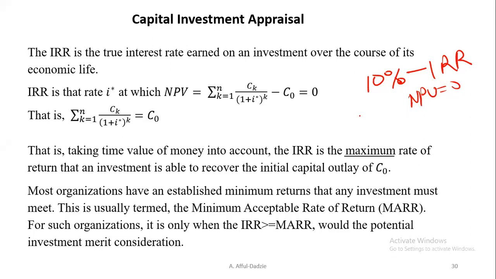Now, if the company has a MARR, which we call the minimum acceptable rate of return, of 12%, it means that in the eyes of the board, this rate for our investment is a loss. It is lesser than even the minimum acceptable rate of return. Although we would be experiencing a break-even at this point, the company feels that the least possible investment rate we will consider should be 12%.